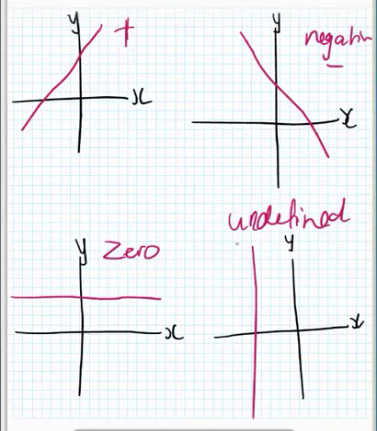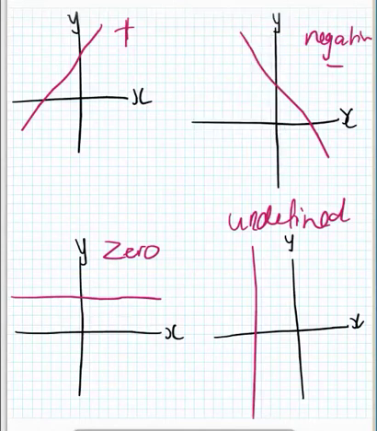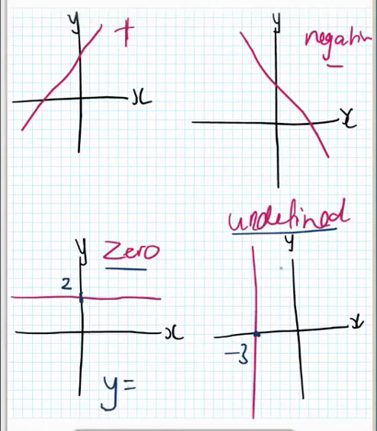And with the 0 and undefined, just to recap on how to write these equations, say this line was passing through the y-axis at positive 2, and over here this line is passing through the x-axis at negative 3. Now you can see that y can only be 2. So for these equations, for 0 and undefined gradients, you either have y equals a number, or x equals a number.